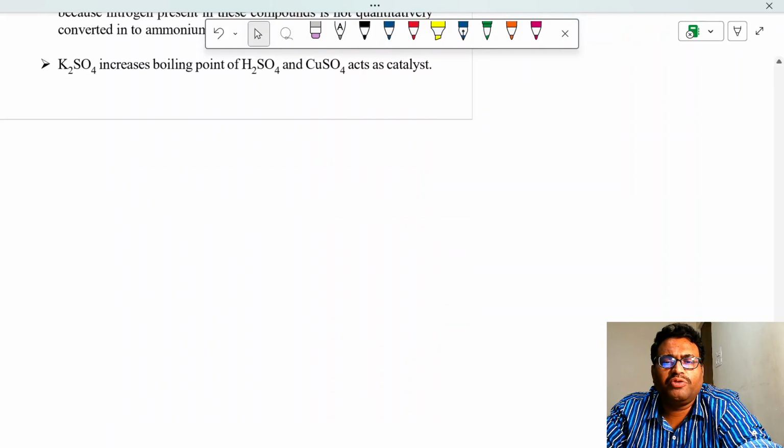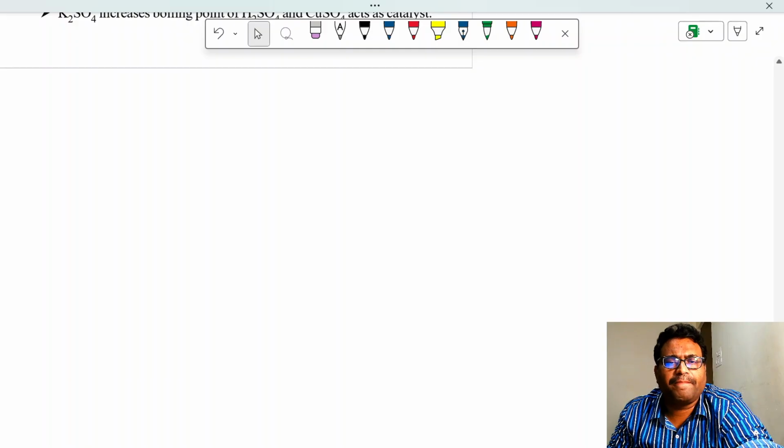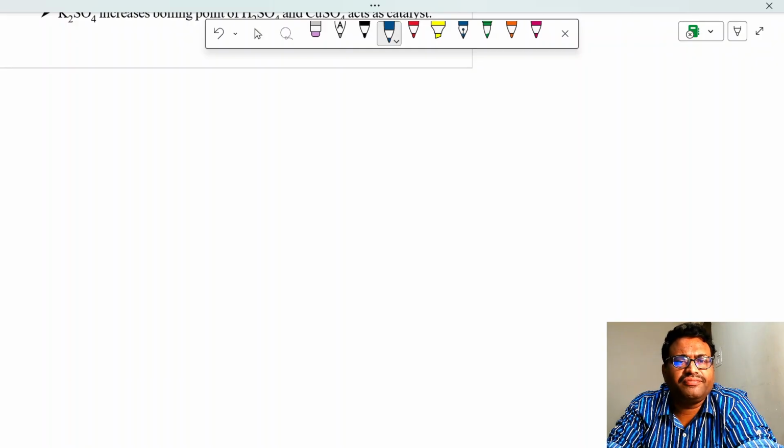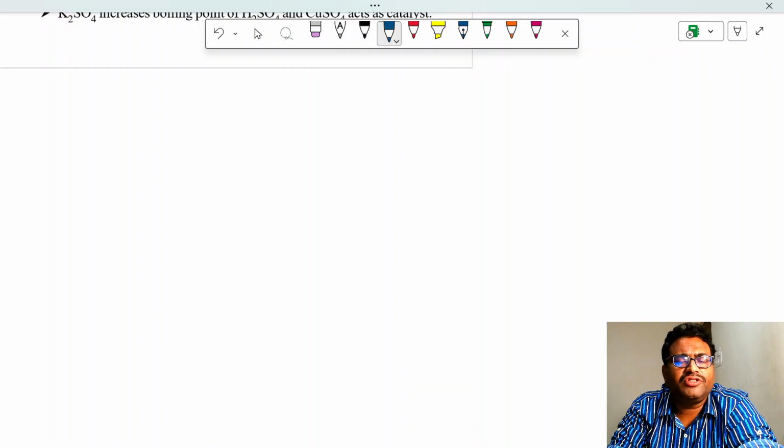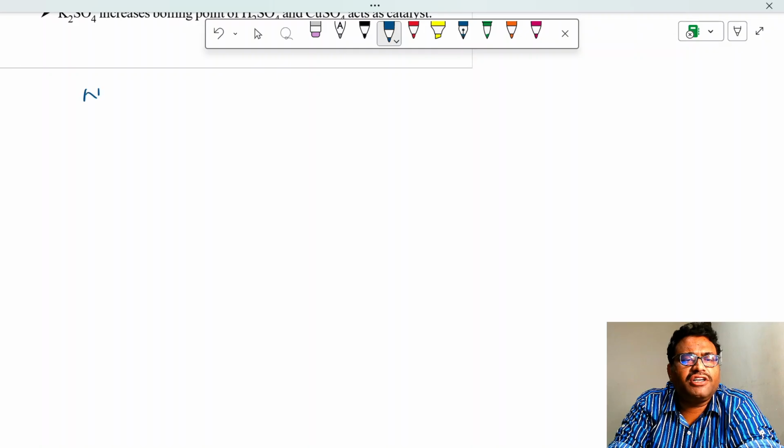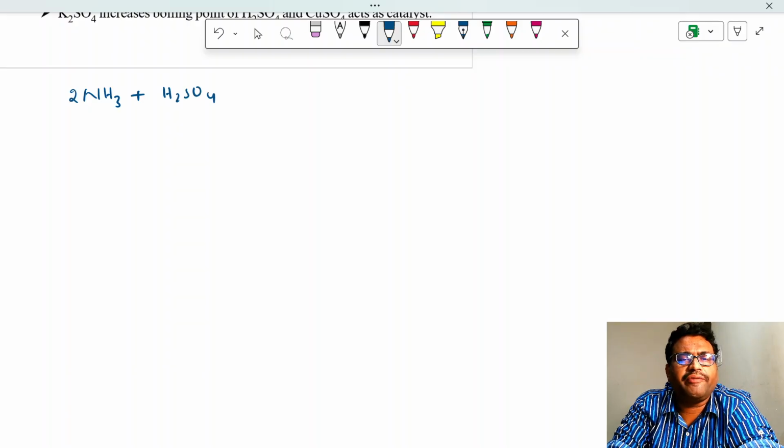Coming to how to derive the formula to calculate the percentage of nitrogen by the Kjeldahl method. Here NH3 is reacting with the H2SO4. What is the product formed?